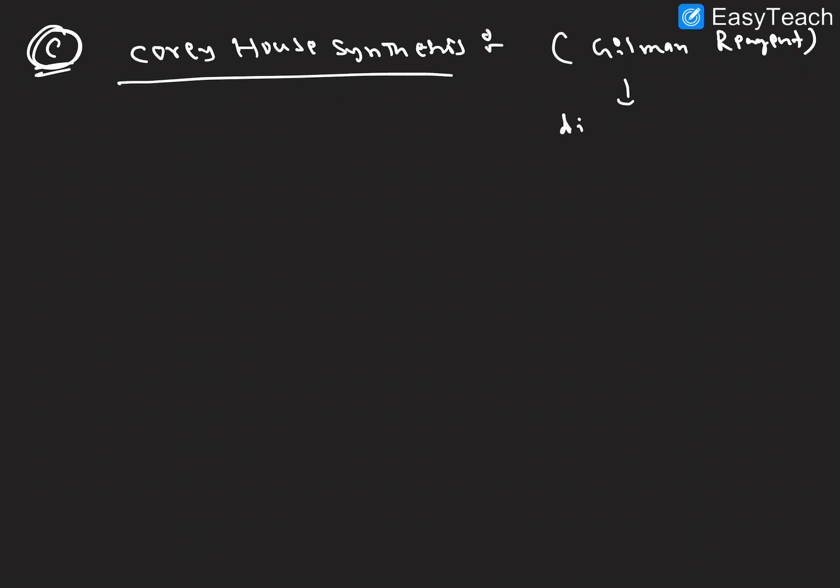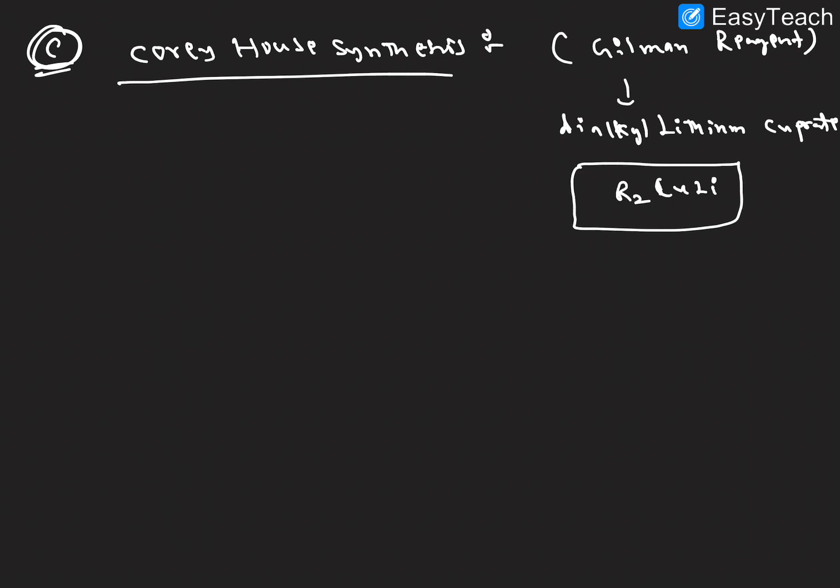What is the Gilman reagent here? Dialkyl lithium cuprate. The formula representation is R2CuLi, a dialkyl, and lithium cuprate.